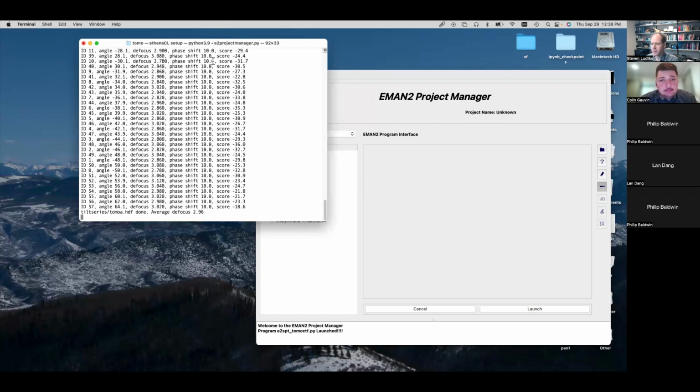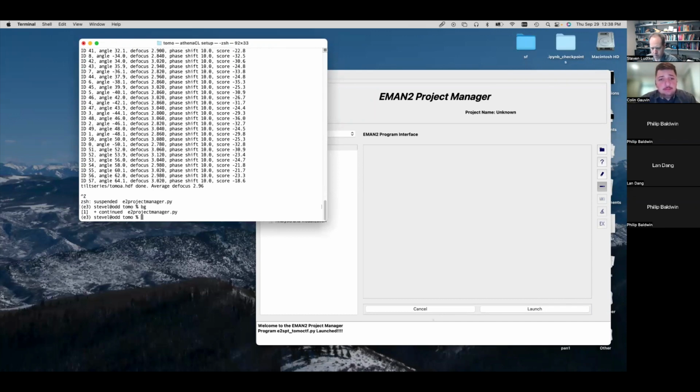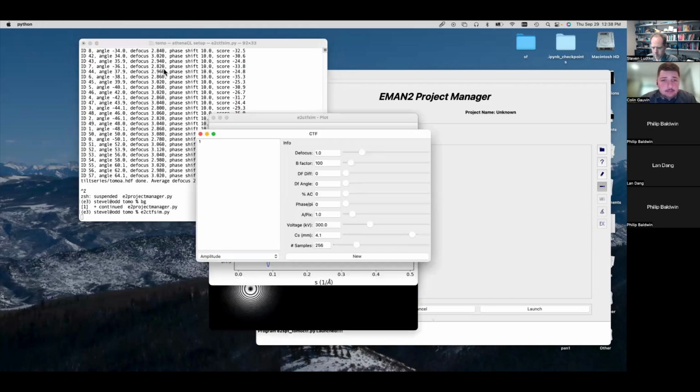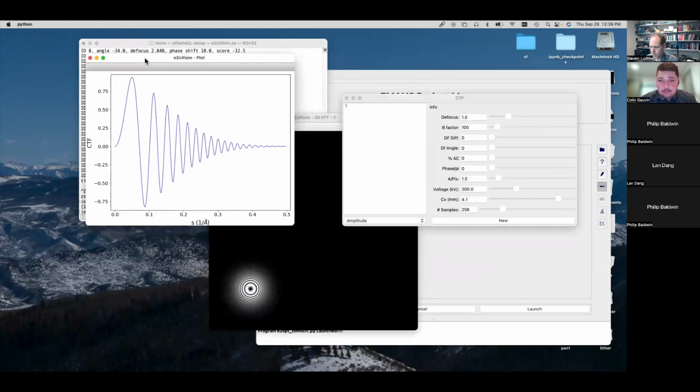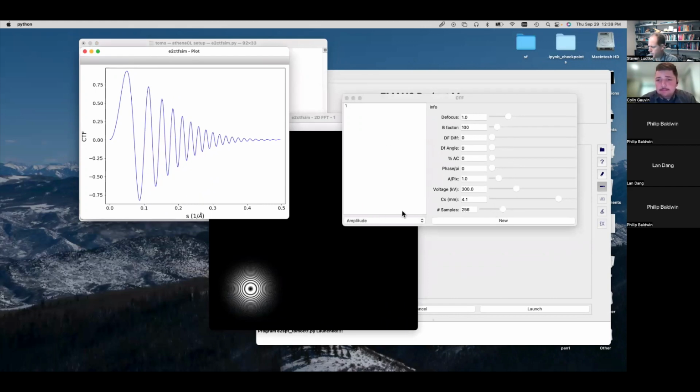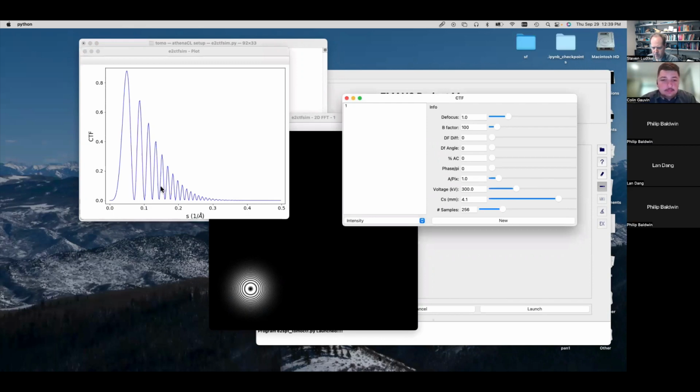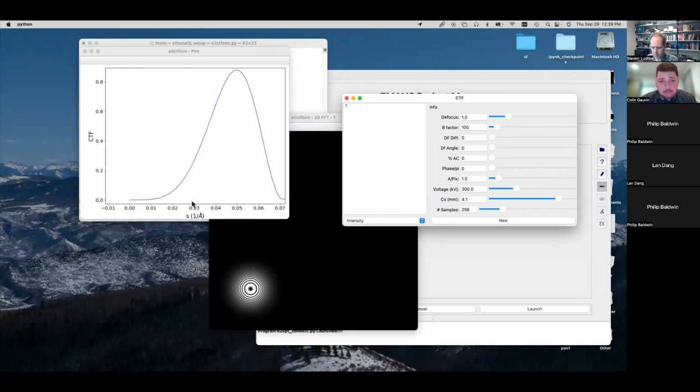Okay, it finished that. Let's think about this again, let me put it back into intensity space here. Focus on just this regime here. Let's set the amplitude contrast to 10% or something like that.